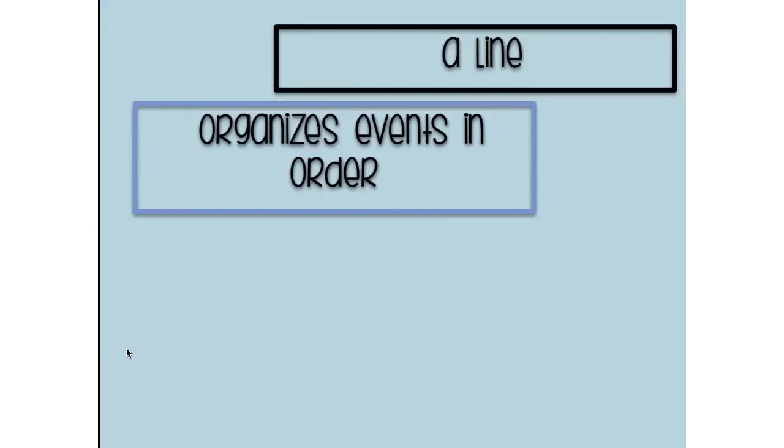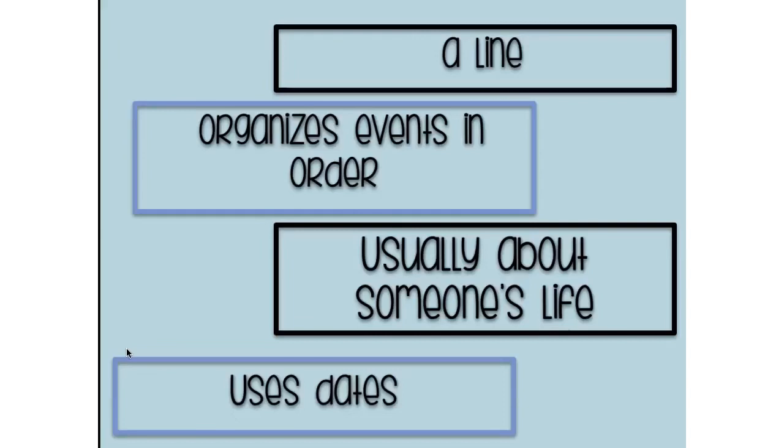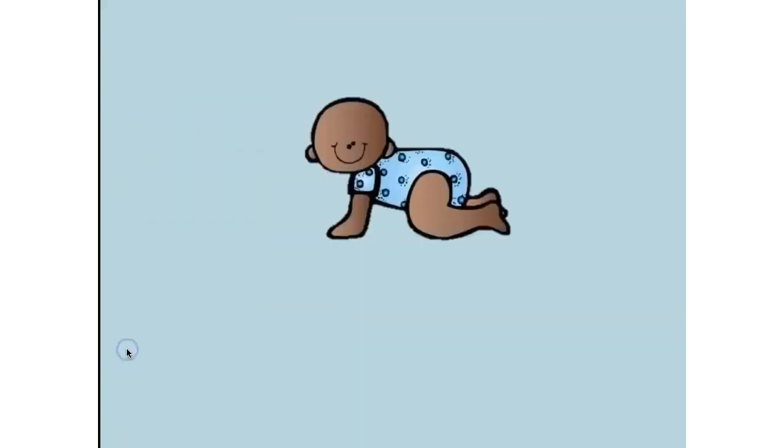So a timeline takes things that happen and puts them in order. It's a nice tool to help us organize the things that happen. Usually when we use a timeline, we're talking about someone's life. So we start at the beginning of their life, and then we pick out big important dates, and we put those on the line and organize them. And then finally, we use the dates to help keep us organized.